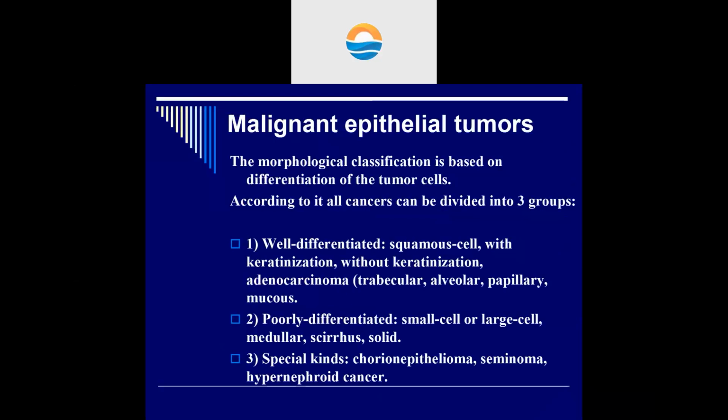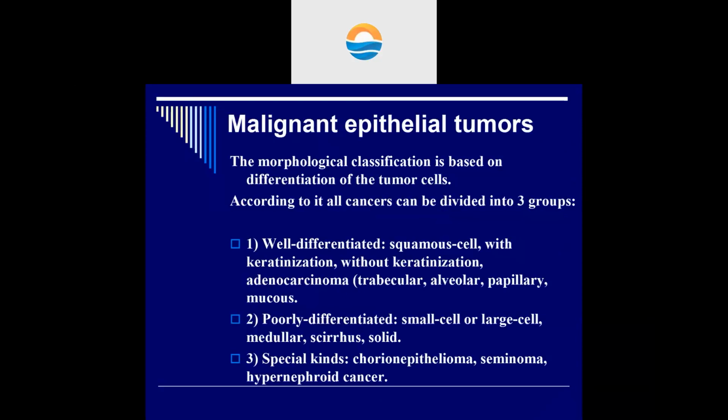Malignant epithelial tumors or cancers, they can be divided into three groups according to their maturation or differentiation. Well differentiated carcinomas could be squamous cell with keratinization, squamous cell carcinoma without keratinization, and adenocarcinoma, trabecular, alveolar, papillary, and mucous adenocarcinoma.